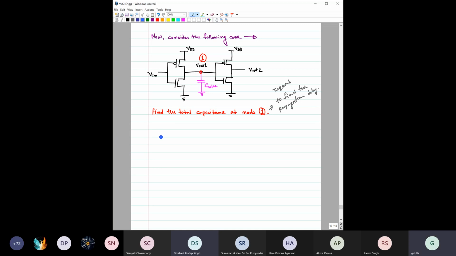Quickly, I need to cover a little bit more. So I can say C out 1, the output node capacitance at node 1.